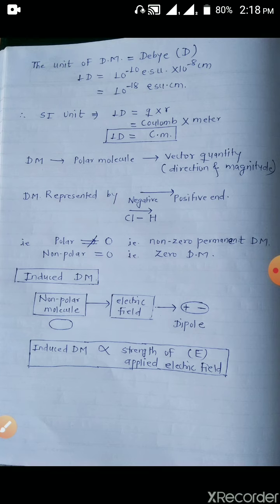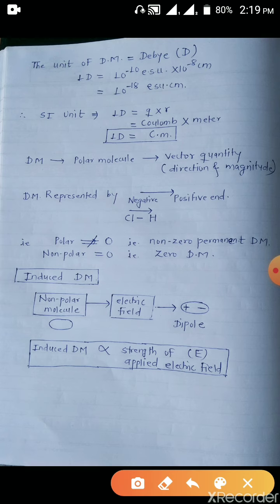When non-polar molecules are placed in an electric field, they behave as a dipole and acquire a dipole moment. That is, they show an unsymmetrical charge distribution, which clearly means a separation of charges, one positive and another negative.